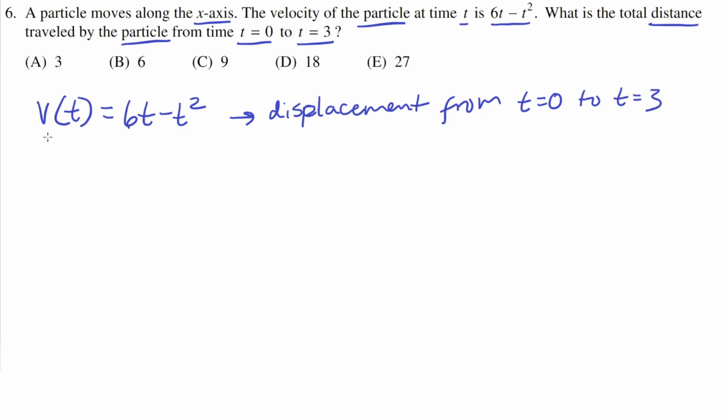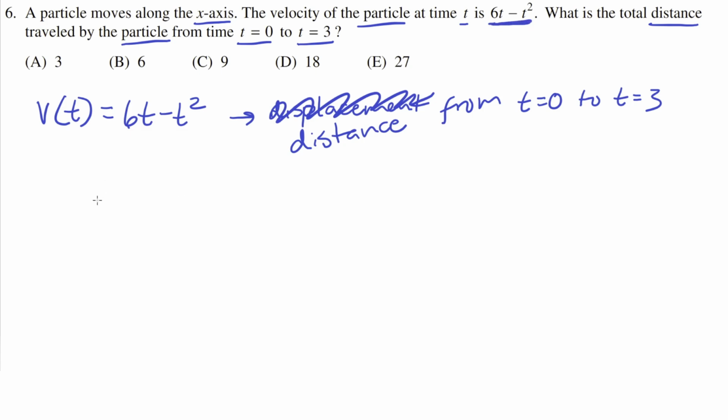So we have the velocity, and the question actually asks for the distance, not exactly the displacement, but in this case, they're both the same, since we're just moving across the x-axis, and from 0 to 3, the velocity does not change direction.